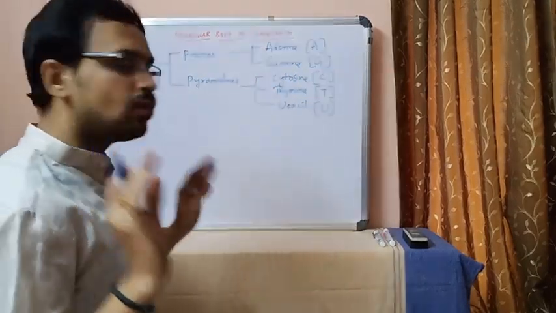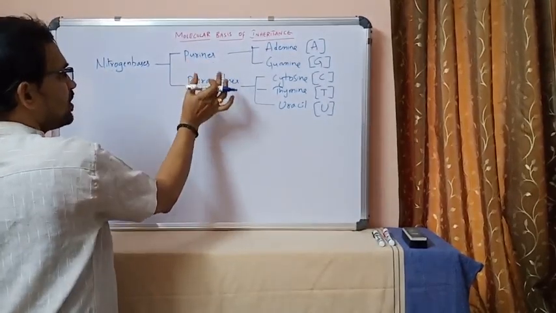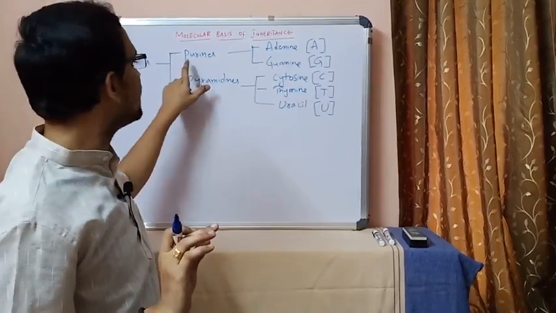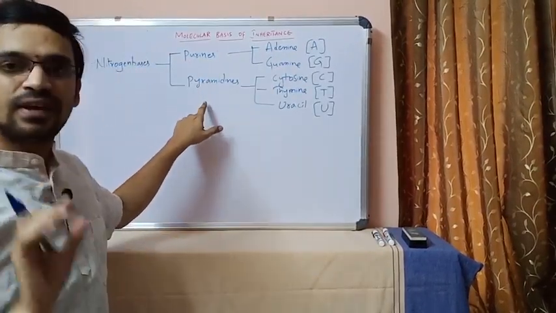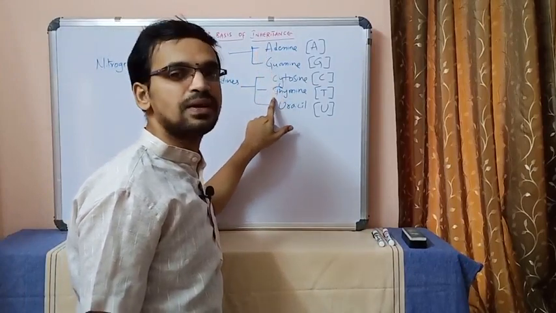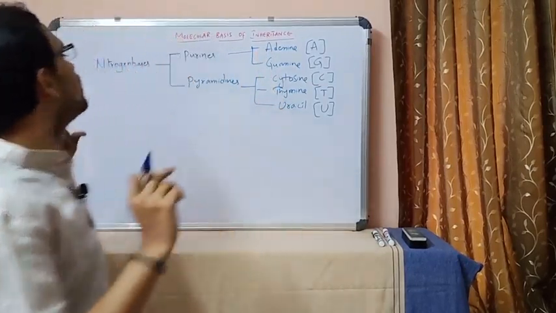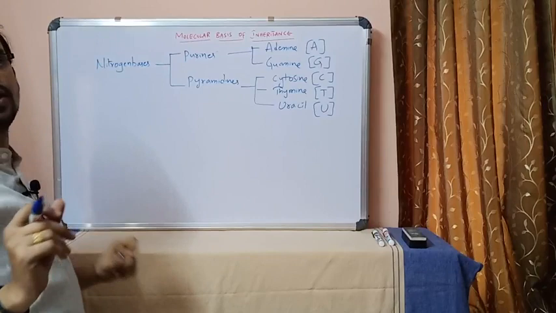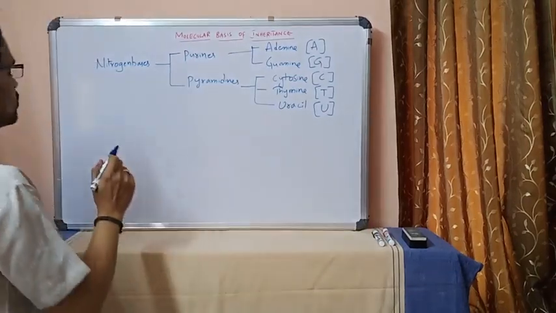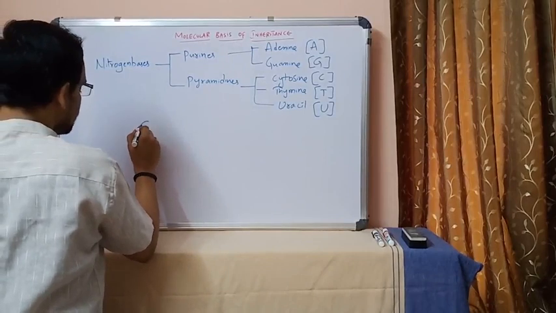First, you should know the general structure of the purine and the general structure of the pyrimidine. If you know these, then it will be very easy to draw the structures of adenine, guanine, cytosine, thymine and uracil. First, we are going to discuss the general structure of the purine. How does the purine look? The structure of the purine will be like this.